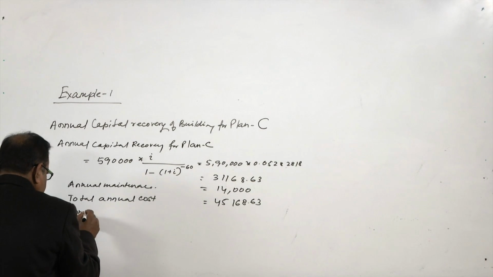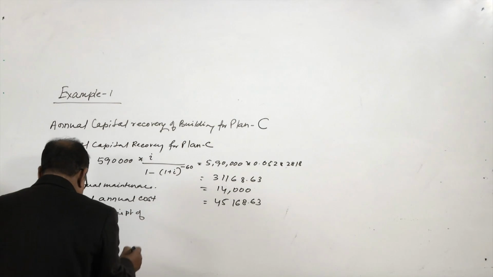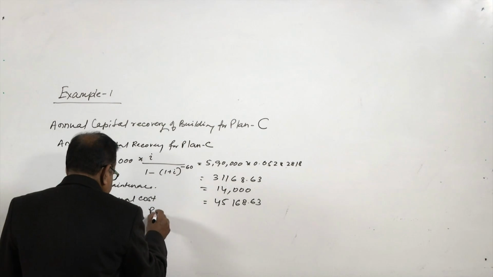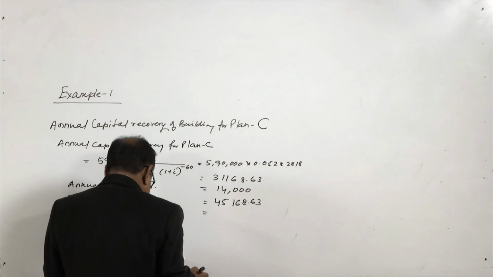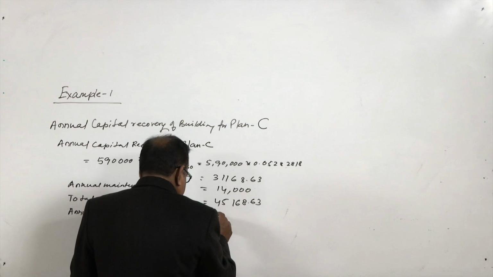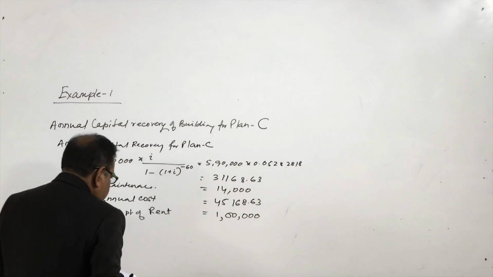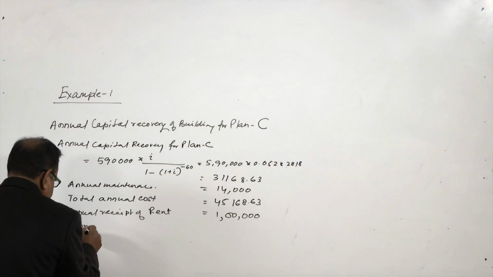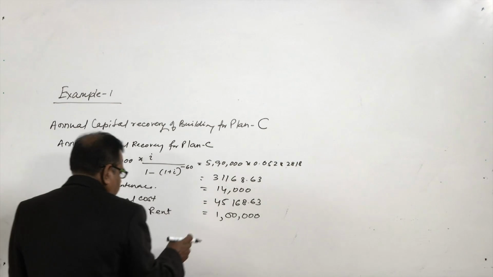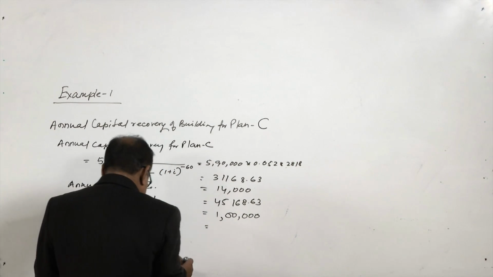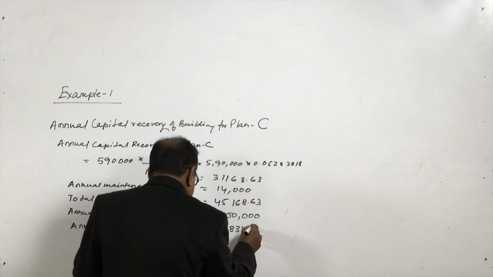Now, annual receipt of rent is equal to 1 lakh. So, annual profit is equal to this minus this, which is 54,831.37.